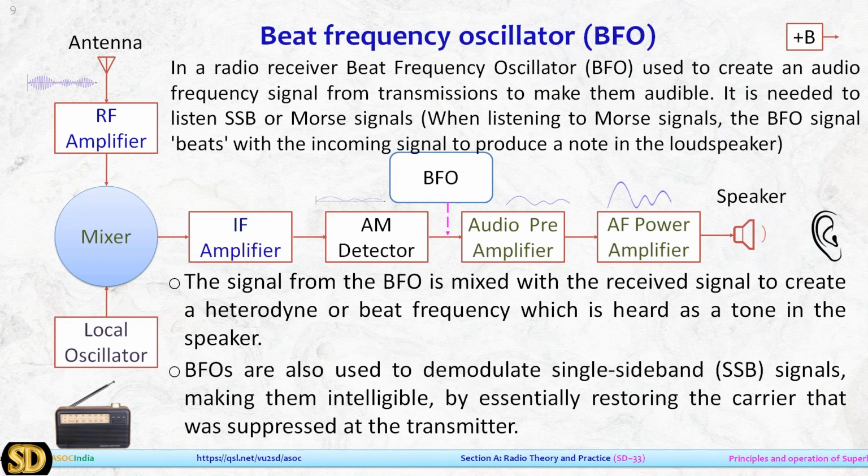BFOs are also used to demodulate single sideband signals, making them intelligible by essentially restoring the carrier that was suppressed at the transmitter. The transmitter is not transmitting CW, only transmitting the lower or upper sideband, or single sideband. Then we need to add some carrier locally, and to add this carrier locally we need a BFO to demodulate or detect SSB signals.